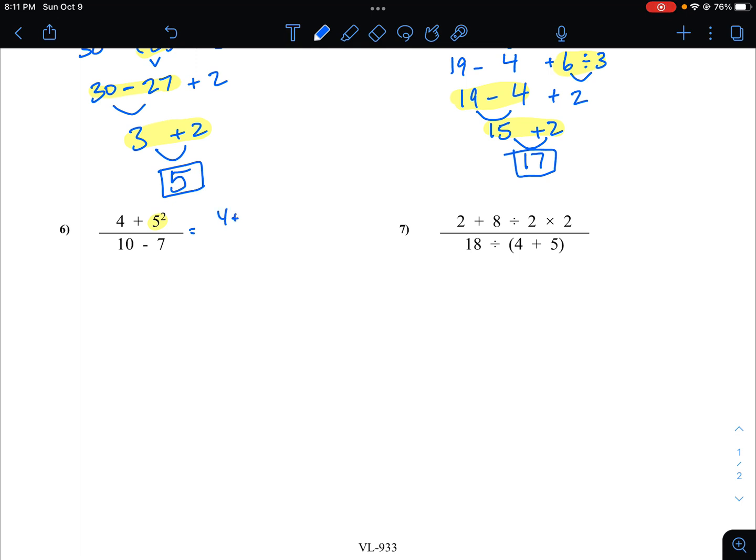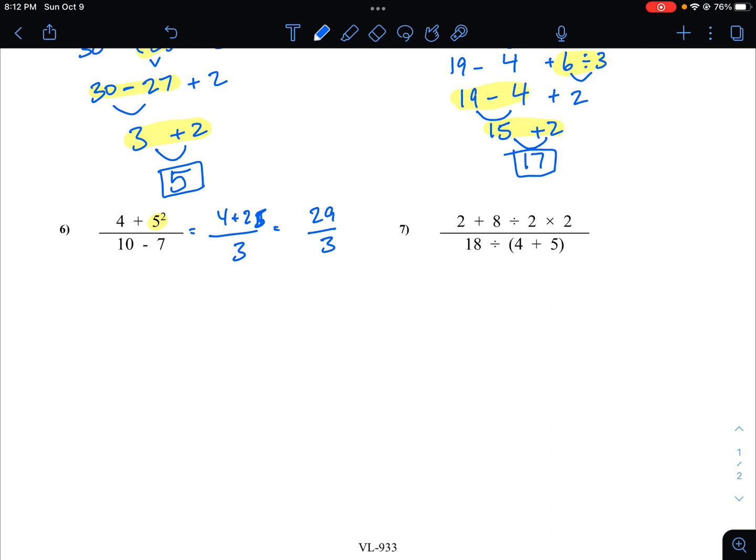That's 4 plus 25, which equals 29. On the bottom, we have 10 minus 7, which is 3. So we have 29 divided by 3. I'm guessing this probably was supposed to say 5 plus 25 squared and get me an even 30, but it doesn't. So I end up with 29 over 3.